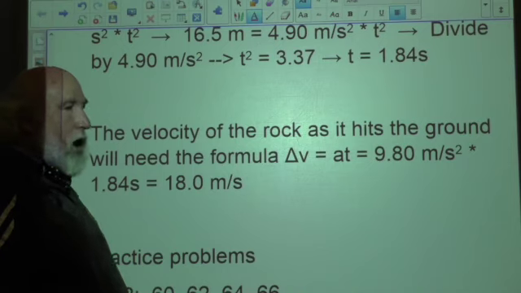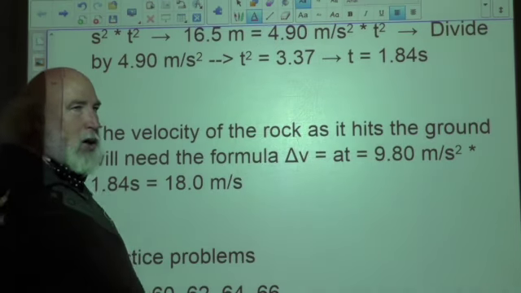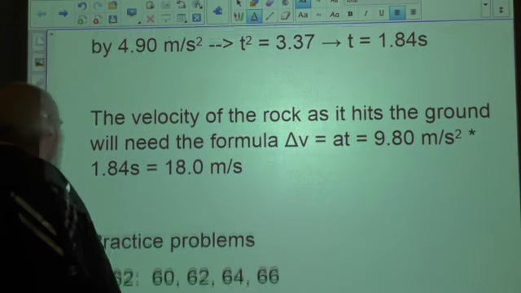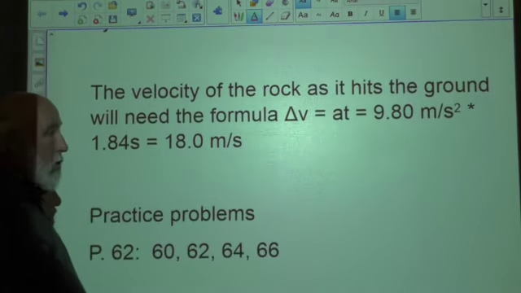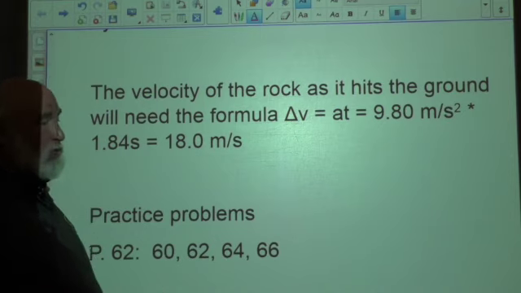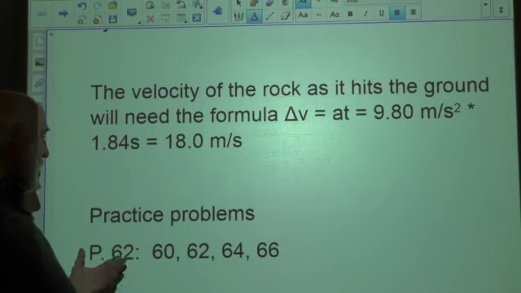And if it's like a rock, it's not going to be affected by wind or anything like that. It's going to fall at a pretty consistent rate at 9.80. So this is the same kind of stuff we've had up to this point, just now we're using G for A. So your practice problems are right here. Good luck.